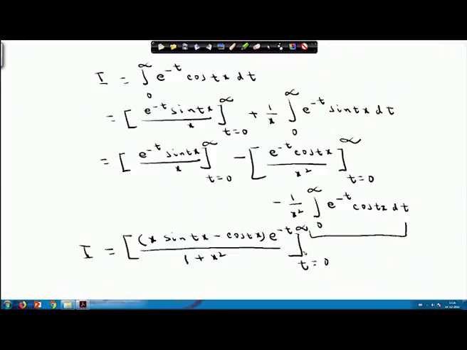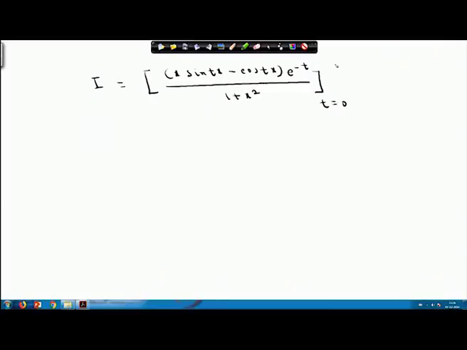Let me rewrite this. I equals x sin t x minus cos t x into e power minus t divided by 1 plus x square, t lies between 0 to infinity.